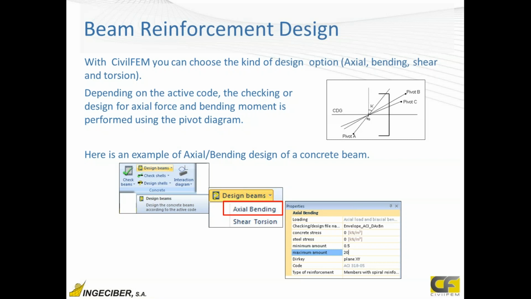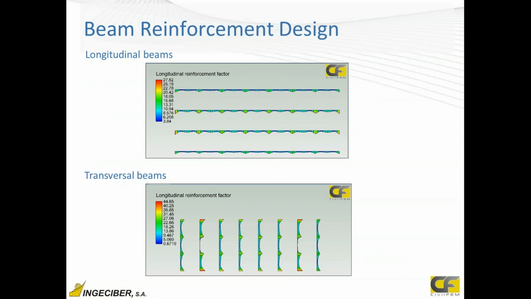The worst case scenario will be covered by the final reinforcement created by an envelope. How do we design our sections of beams and shells? Always taking into account the interaction diagrams.